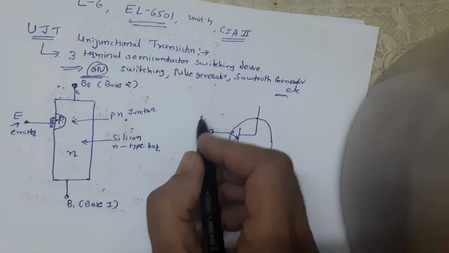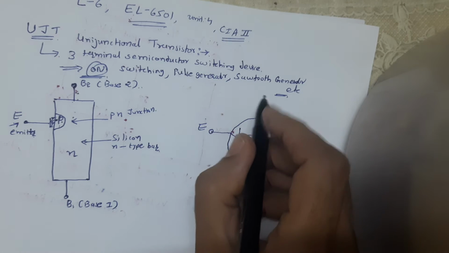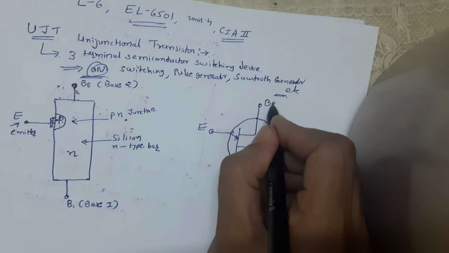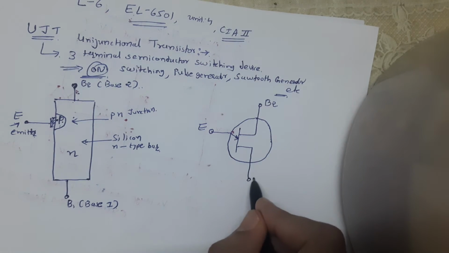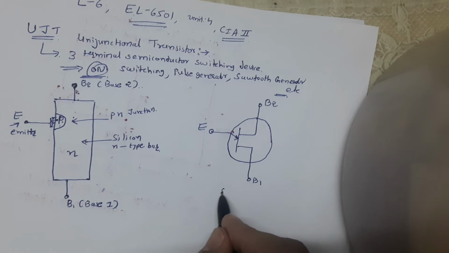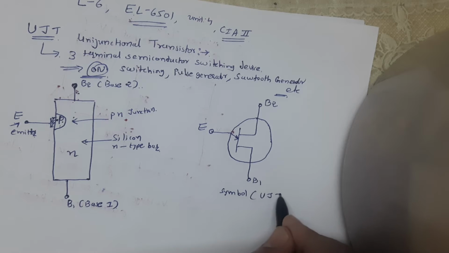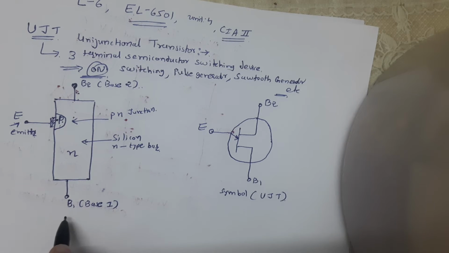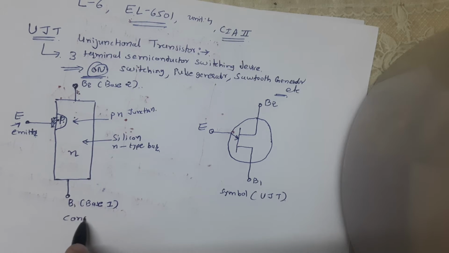This is your emitter terminal, base 2 terminal, base 1 terminal. This is your symbol of UJT. This is the construction of UJT.